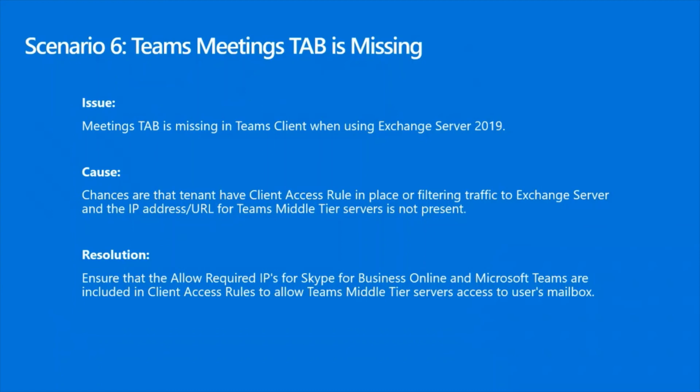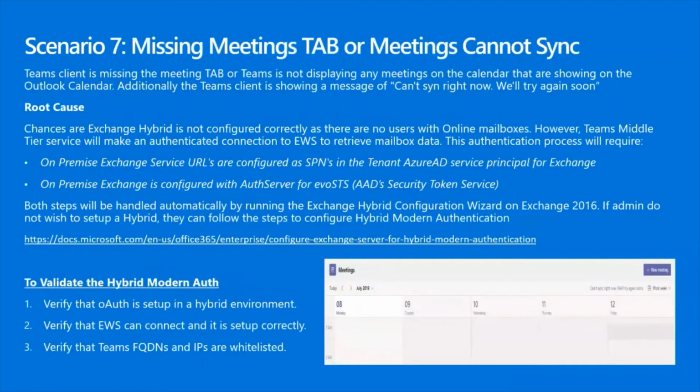So please make sure to add the required IPs and URLs for SFB Online and Teams in the client access rule to allow the middle tier to access users' mailboxes. We'll be moving on to the next slide to check another interesting scenario.